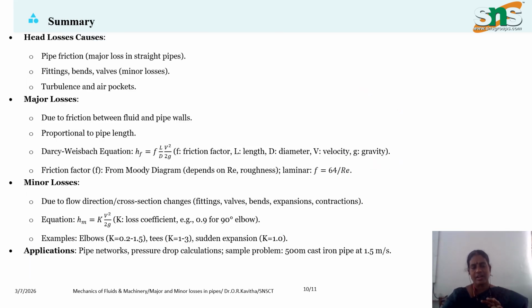To summarize what we have studied, the head loss may be a major or a minor loss. The major loss is due to friction.